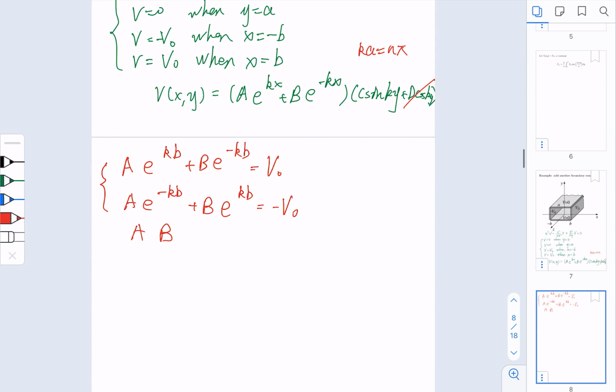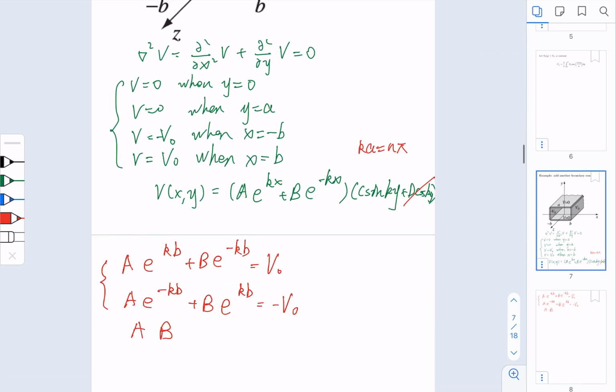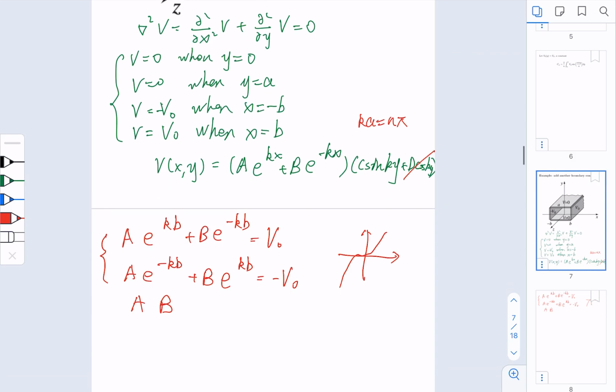We actually realize that this function, a exponential plus b exponential, should be an odd function, because here this v should be minus v when x equals minus b, and v equals v naught when x equals b. And then we can rearrange these exponential functions in terms of sinh and cosh functions.